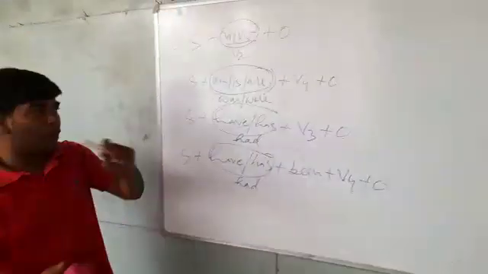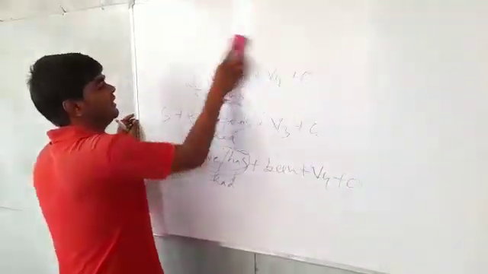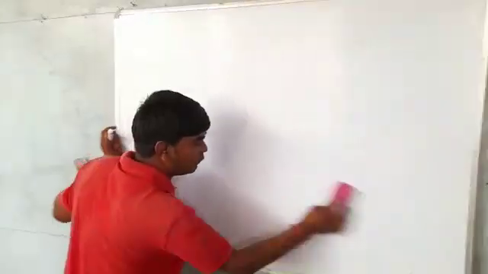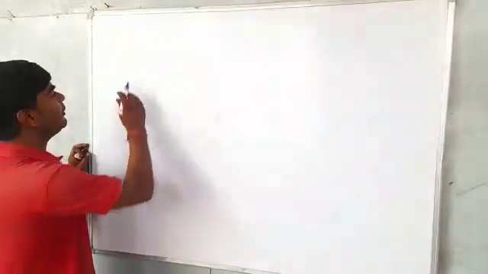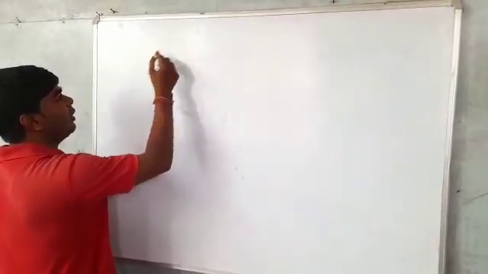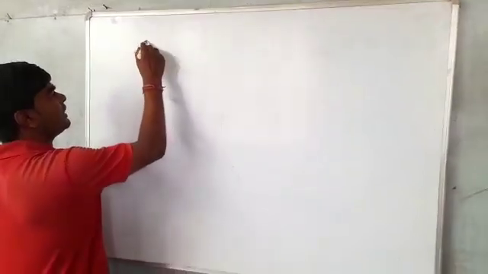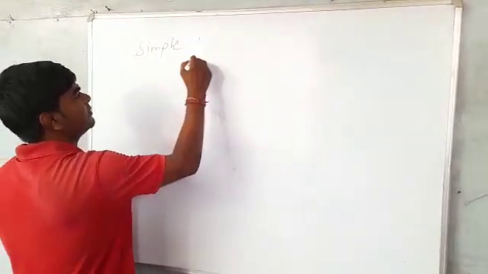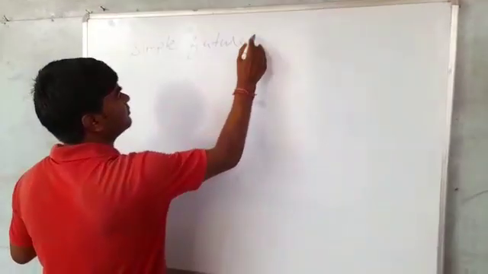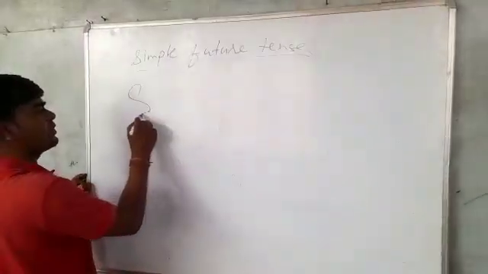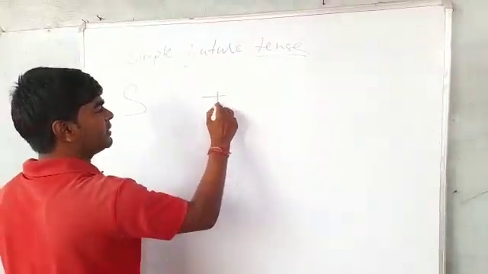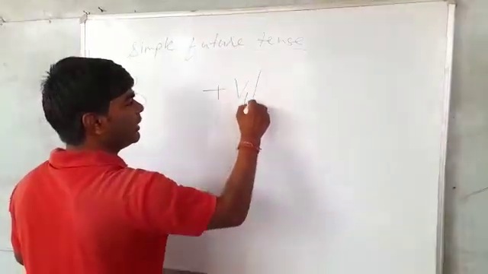Now four more tenses are there, that is future tense. If you know present tense, future tense becomes very easy. We know that in simple present tense we have subject plus V1 and then V5.